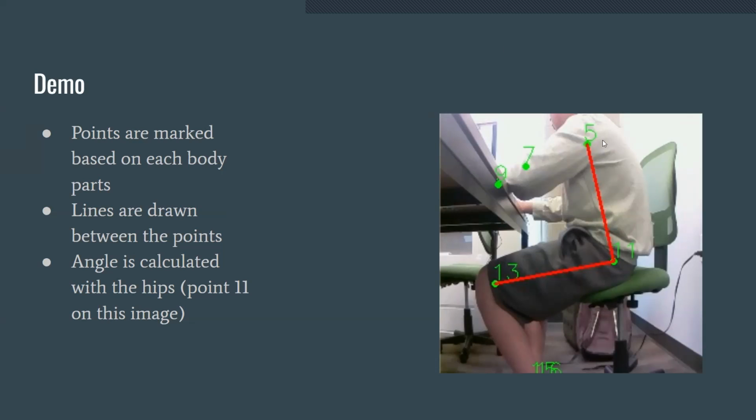We use a math equation, I will explain it later. For point 5, it will return an x value and y value, based on where this dot is placed in the image.